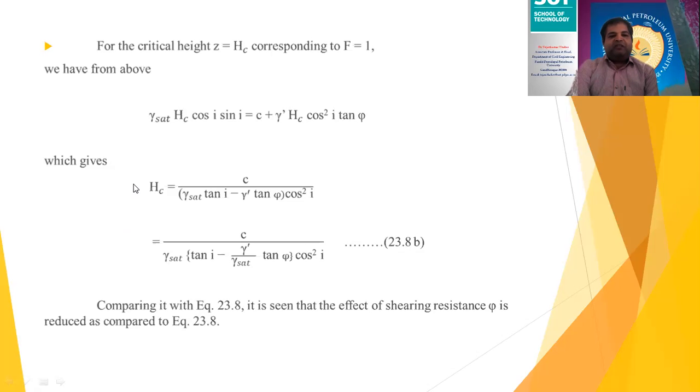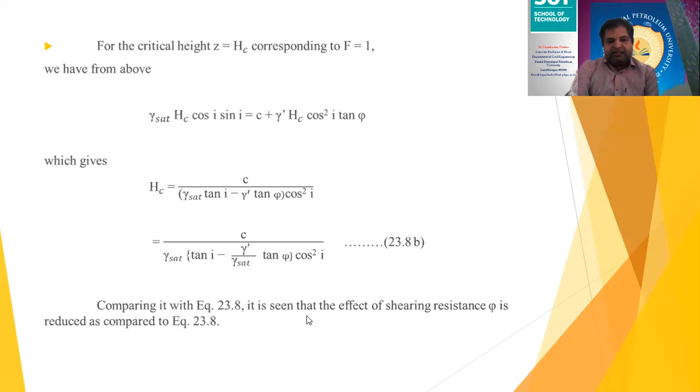So if you find out the value of critical height of the slope, it will be C upon gamma saturated tan i minus gamma dash into tan phi cos square i. I will actually stress upon it: whenever you have the value of C and phi, you are going to use the effective parameters, not the total stress parameters. Here you are going to use the effective stress parameters.